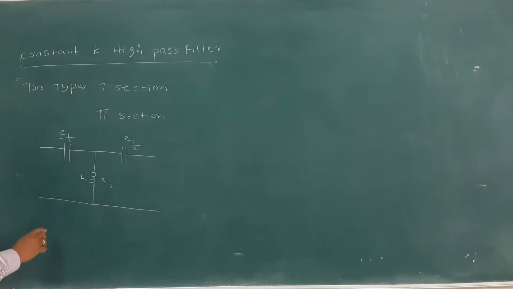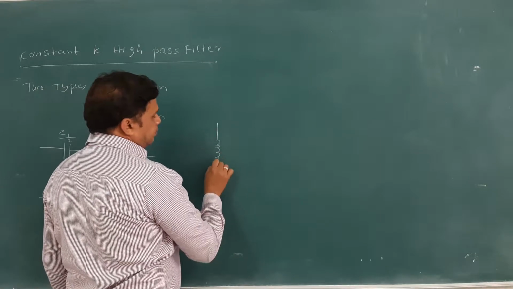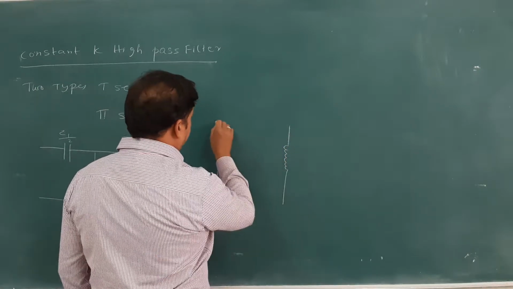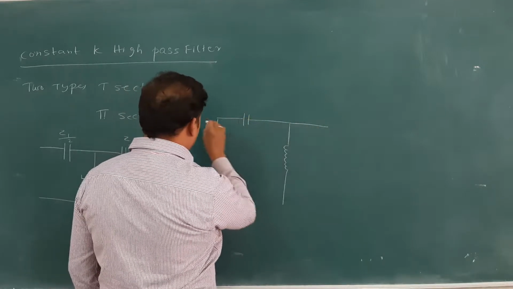Now for a pi section, if you want to draw a pi section here, you have to choose two inductors like this and a capacitor here. This is a pi section network.